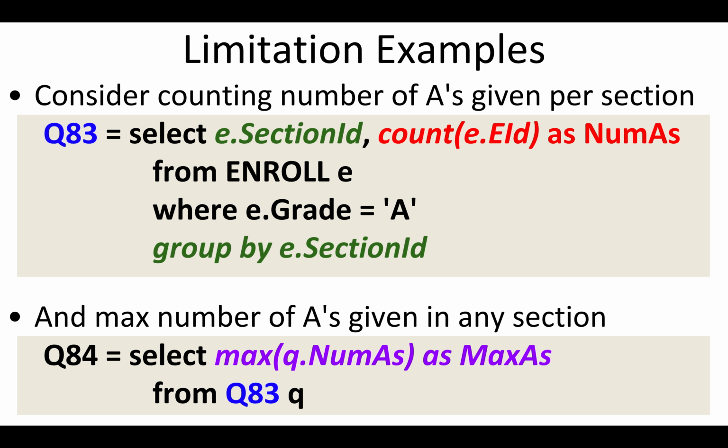So it would be illegal to add a comma and then ask for the section. It would be very convenient though. I know what the maximum number of A's is, but I don't know which section got it. It could have been 3 sections that got the same exact number of A's. Which one do you want? There's no way of providing it. It's gone, the group by already executed.